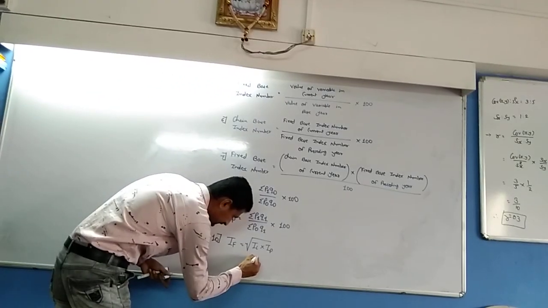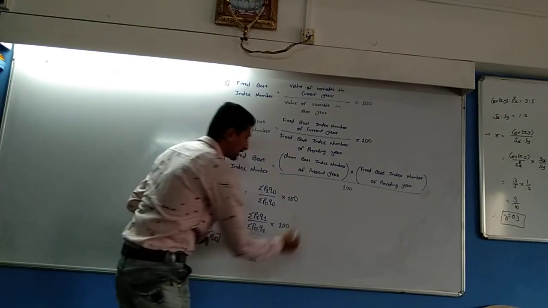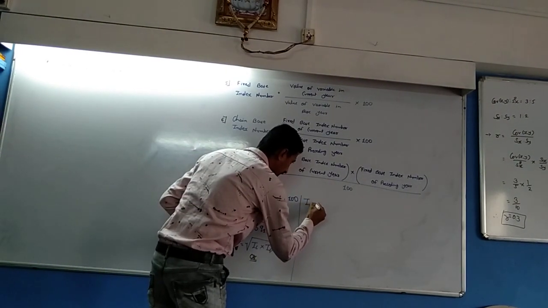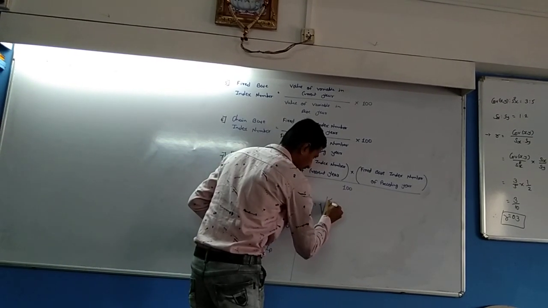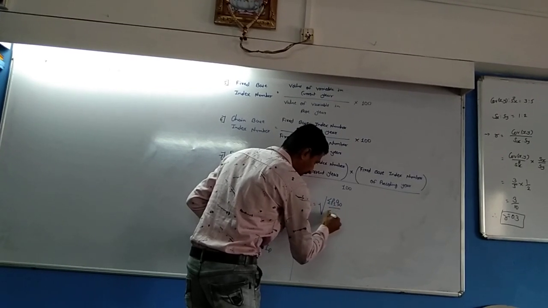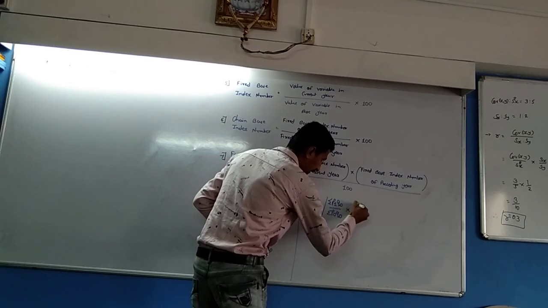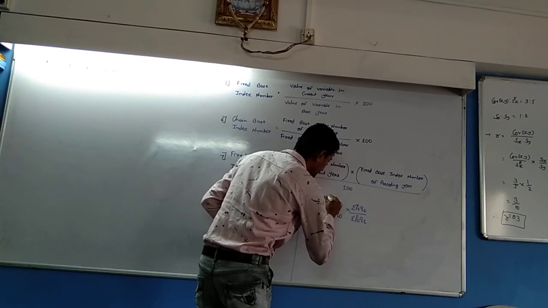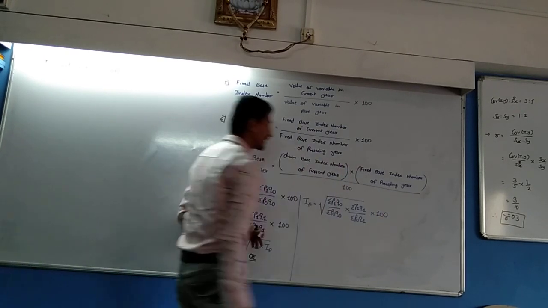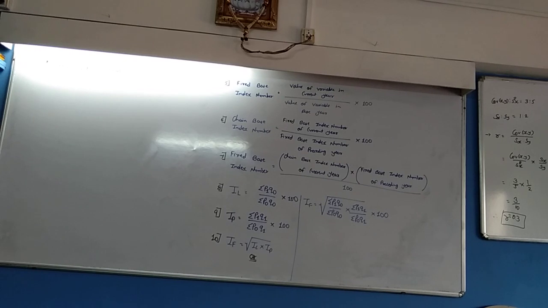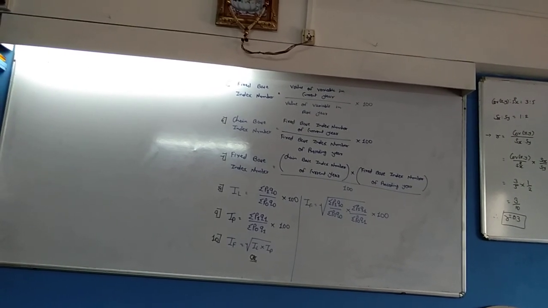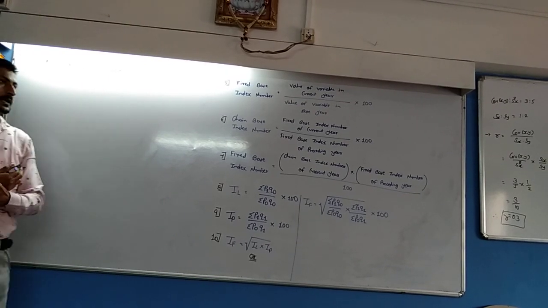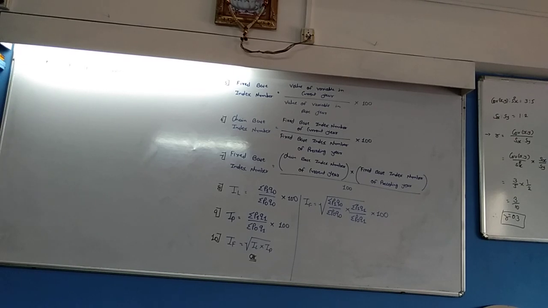Or another formula: IF is equal to in root sigma P1 Q0 divided by sigma P0 Q0 into sigma P1 Q1 divided by sigma P0 Q1, out of 2, into 100.